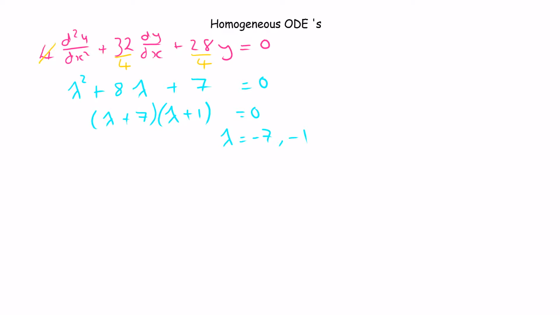Working with these two values for lambda, we can see that there are two distinct roots, which means we are putting it into the form y equals c1 e to the alpha x plus c2 e to the beta x. So our answer will be y equals c1 e to the negative 7x plus c2 e to the negative x.